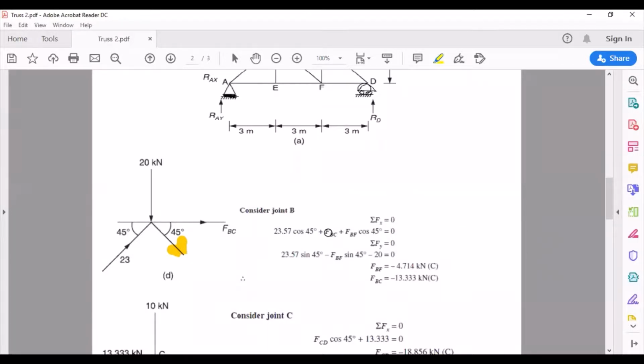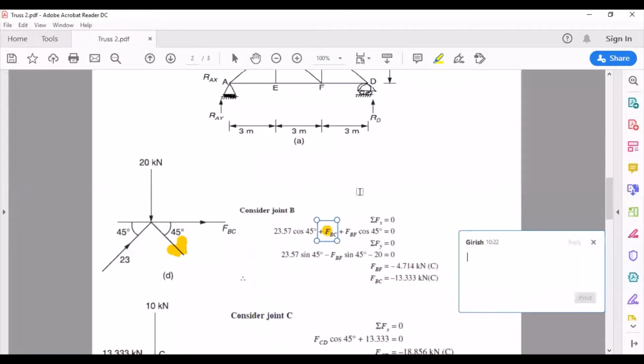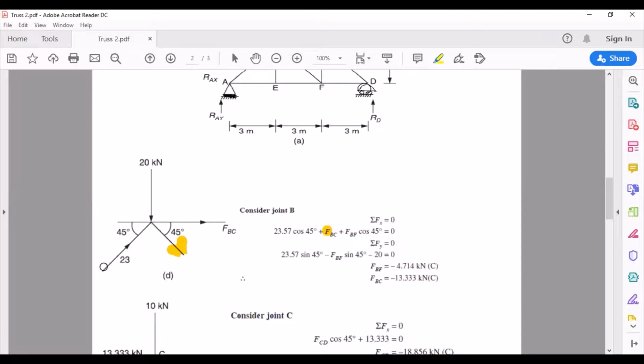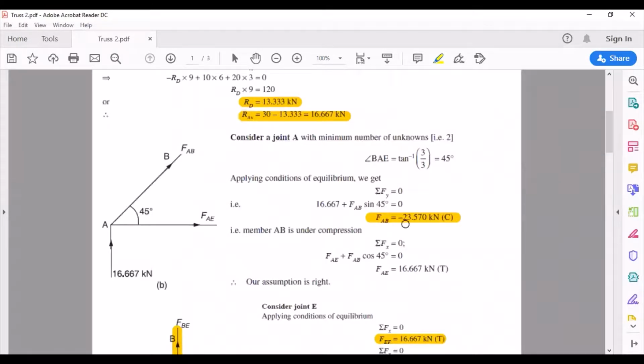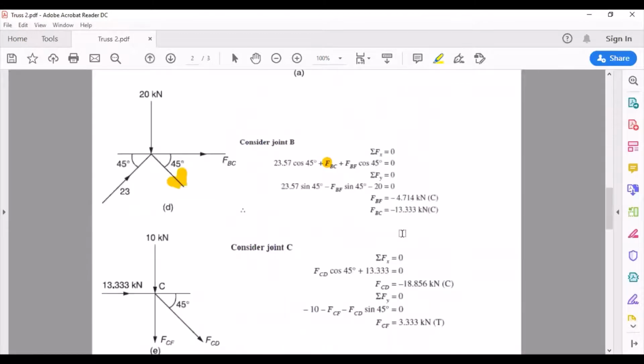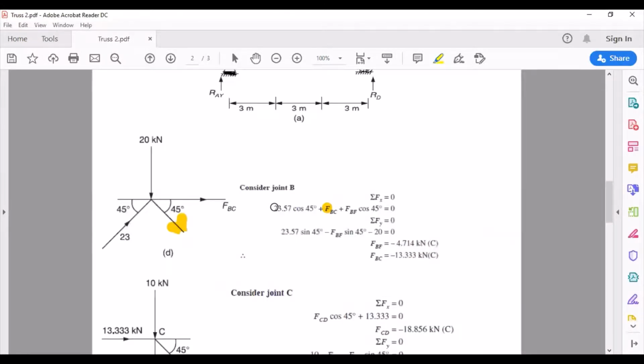Next you have this force, that is FAB, whose magnitude is 23.57.